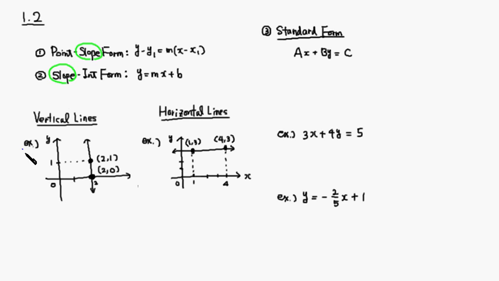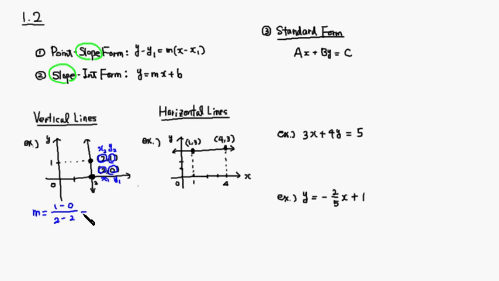Let's try to find the slope using the slope formula. So m is going to be equal to, I'm going to call this point x1, y1, and here is x2, y2. Let's do y2, which is 1, minus y1, which is 0. So 1 minus 0 over, x2 is 2, so 2 minus x1, which is 2.